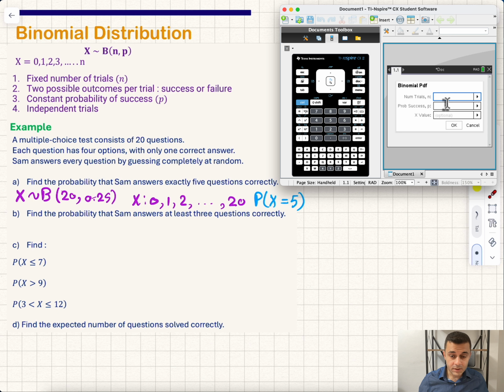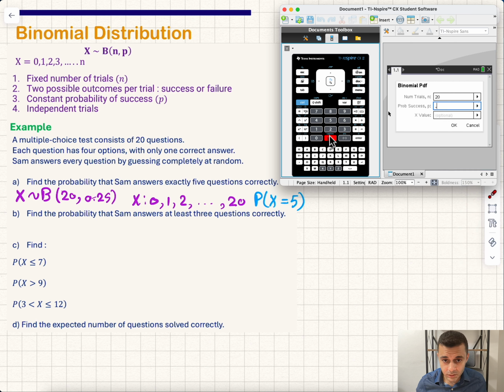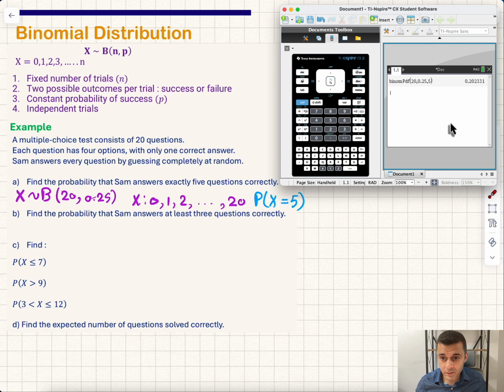The calculator will ask you about number of trials, which is here in our case 20. Then the probability of success, as we saw, 0.25. The x value, as we see, 5. So we write 5, and then as you see the answer will be 0.202 to 3 significant figures.